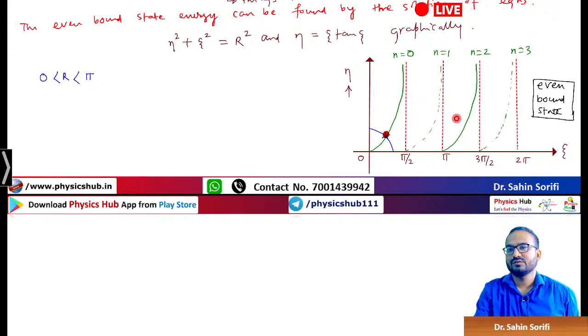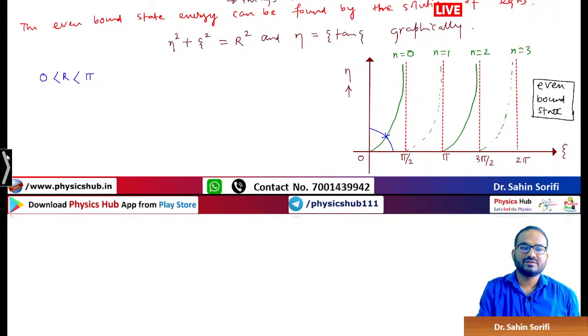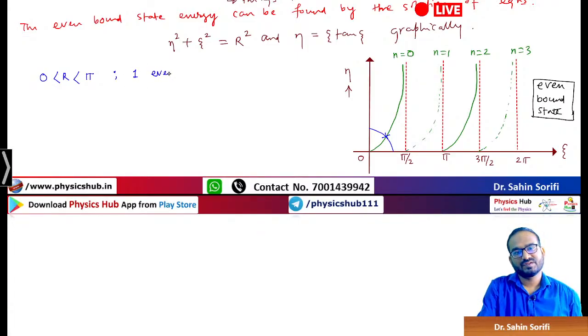One point means one bound state. So when you restrict your radius between 0 to pi, you get one even solution. For the time being we are considering only even, so odd we are not considering, but obviously one odd will be added here.